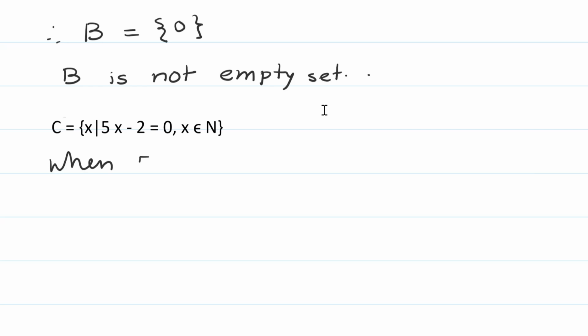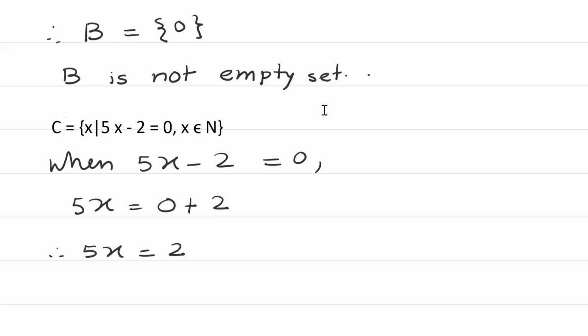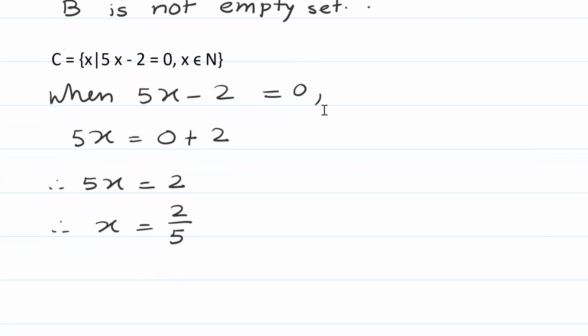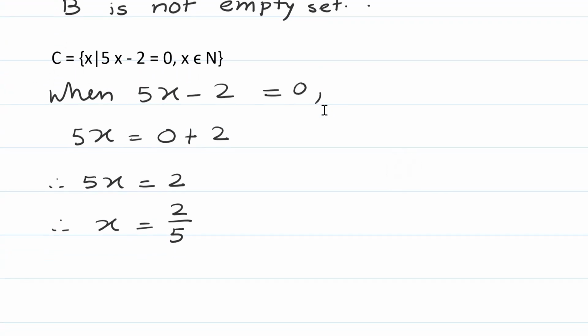Now when 5x minus 2 is equal to 0, then 5x is equal to 0 plus 2. So 5x is equal to 2, and therefore x is equal to 2 upon 5. Now 2 upon 5 is not natural, and the condition in set C is x must be a natural number. As 2 upon 5 does not belong to the set of natural numbers, set C is an empty set.